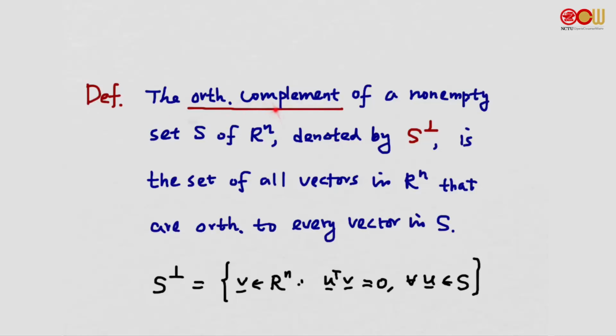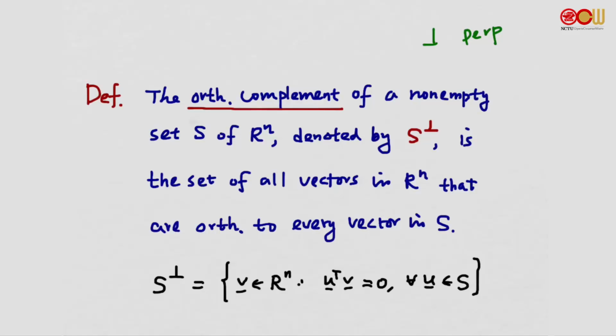The orthogonal complement of a non-empty set S of Rn. S is a subset of Rn, and the orthogonal complement of S is denoted by S perp. This notation reads "perp".